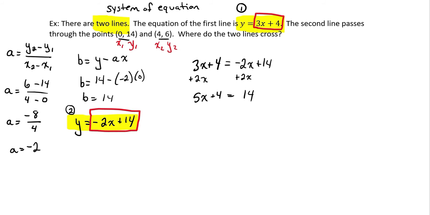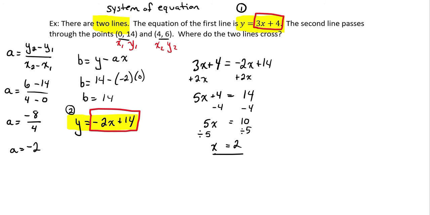And so then let's get rid of this 4. Let's subtract 4 from both sides. And we're left with 5x. This becomes 0. 14 minus 4 is 10. And then finally, we can divide both sides by 5. 10 divided by 5 is 2. So we're almost done. We know what our x is.